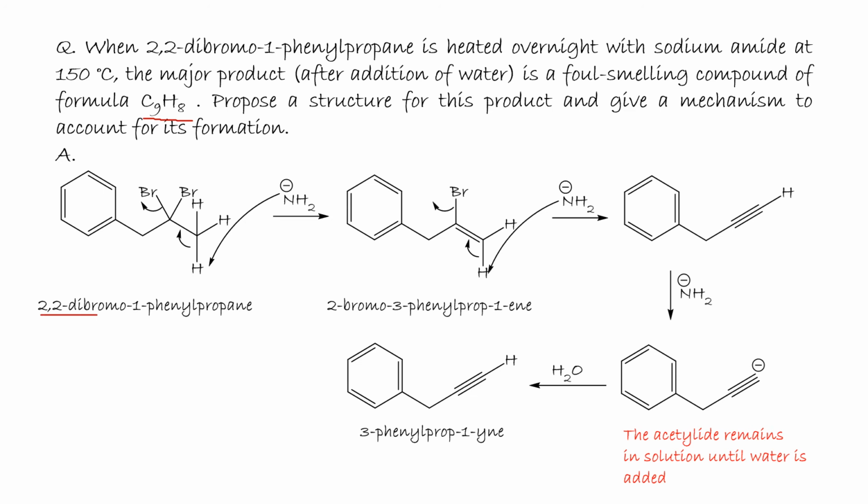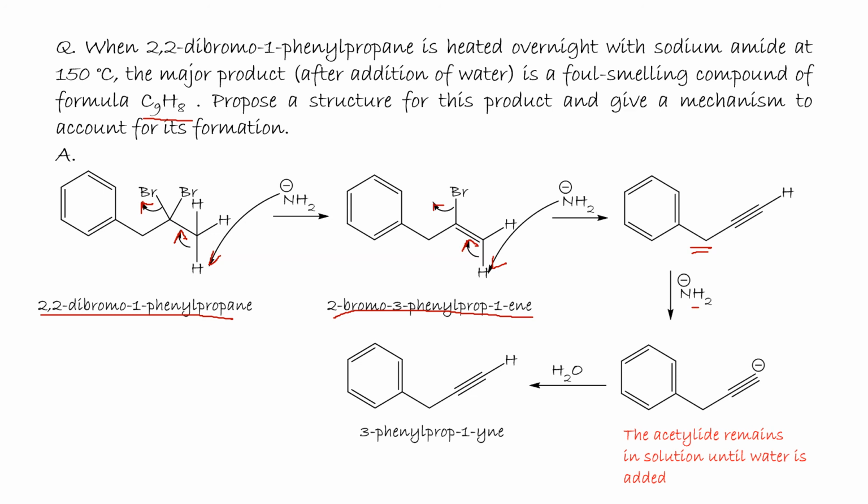Starting with 2,2-dibromo-1-phenylpropane, that is the structure, with amide, the first one acts as a base, double bond formation, ejecting Br minus to form 2-bromo-3-phenylprop-1-ene. A second molecule of amide again acts as a base, forming the triple bond and ejecting Br minus, forming the acetylene.